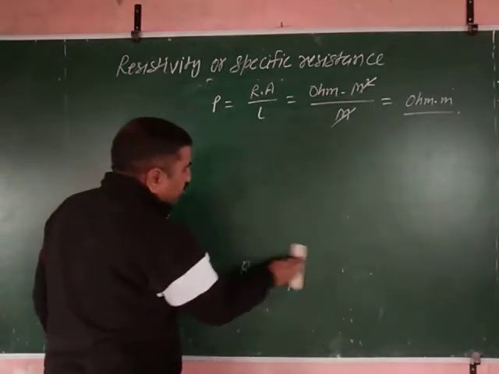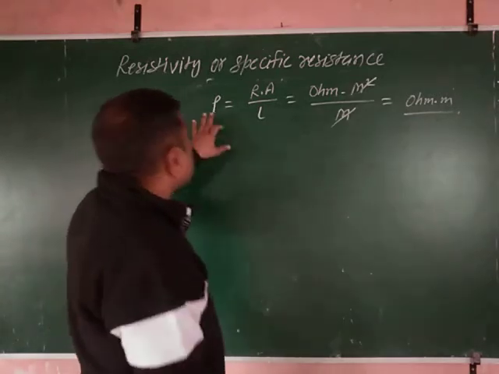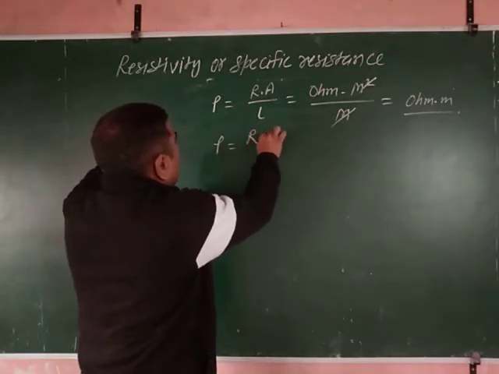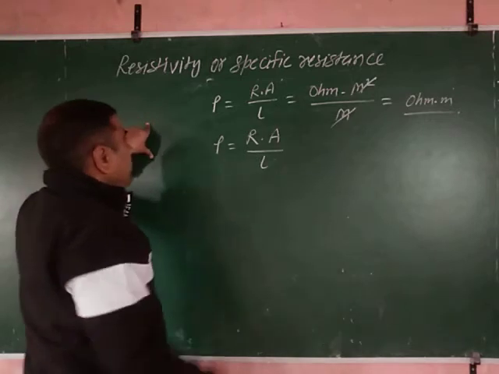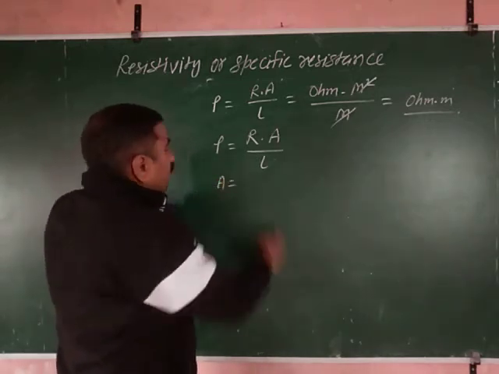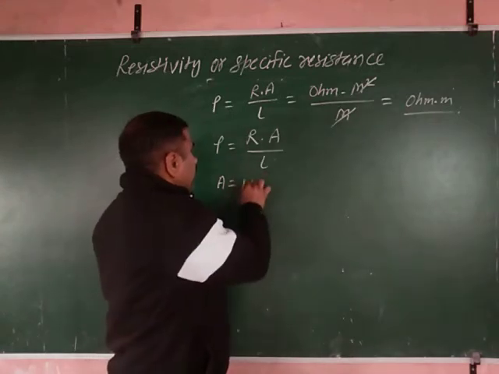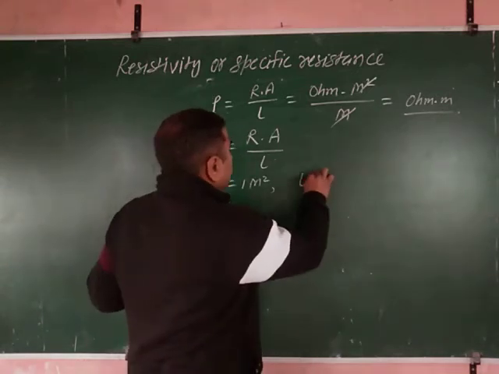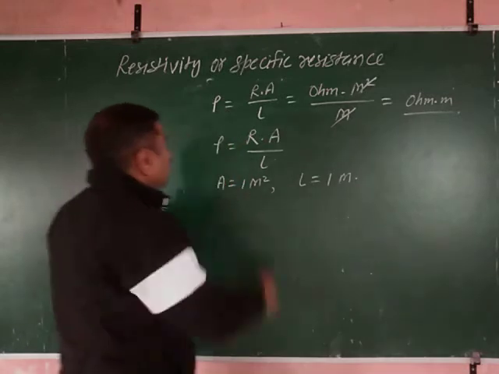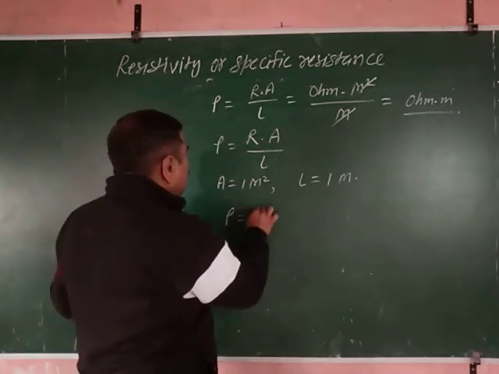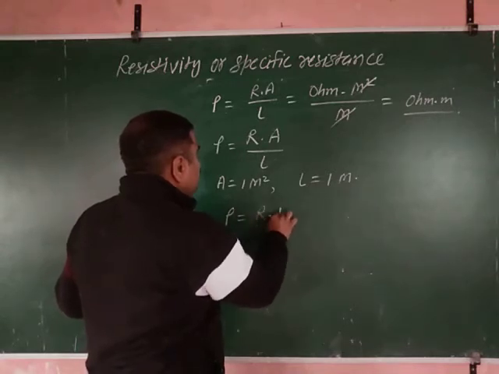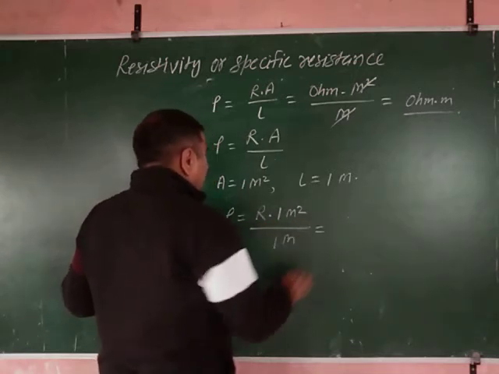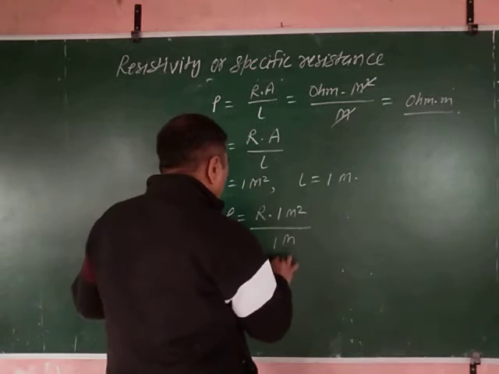To define the unit, we again use the expression given earlier, rho equal to R into A upon L. If A, which is the area of cross section of the conductor, is equal to 1 meter square, and L, which is the length of the conductor, is equal to 1 meter, then from the equation, rho equal to R into 1 meter square upon 1 meter, or rho equal to R.